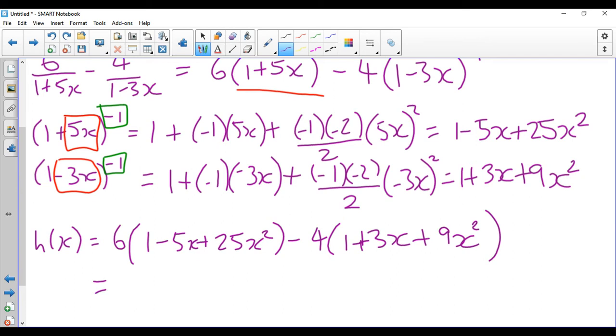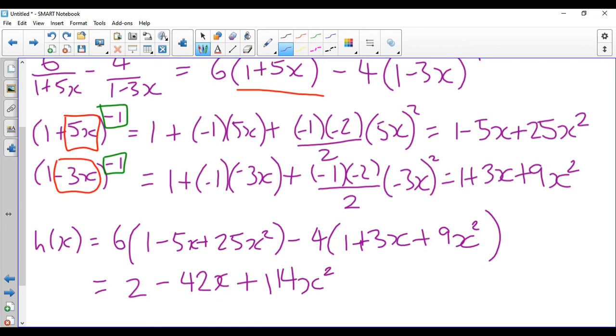Working it out, 6 take 4 is 2. I've got minus 30x minus 12x, so that's minus 42x, and 6 lots of 25, which is 150, minus 36, so that is 114x squared.